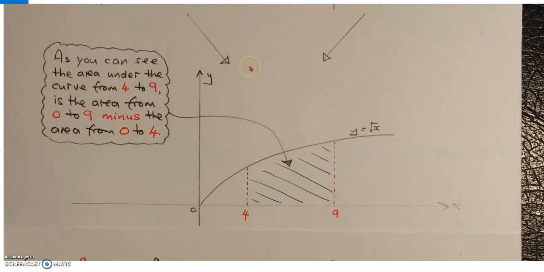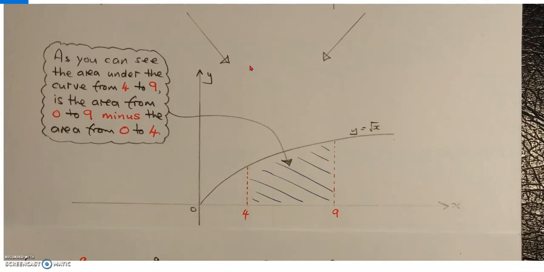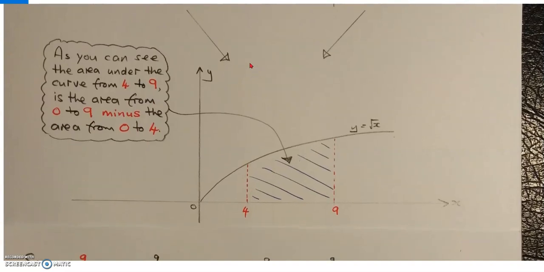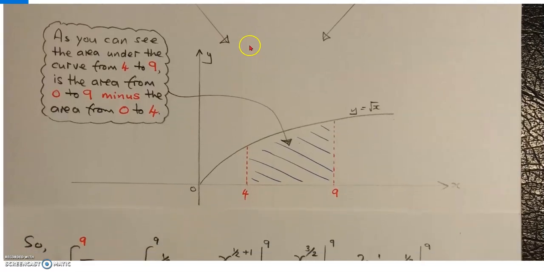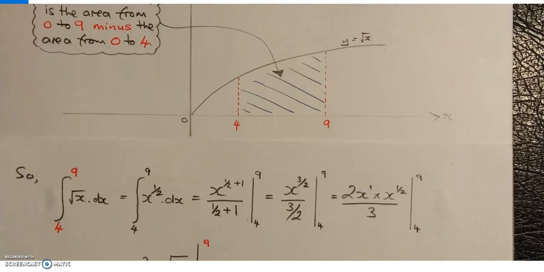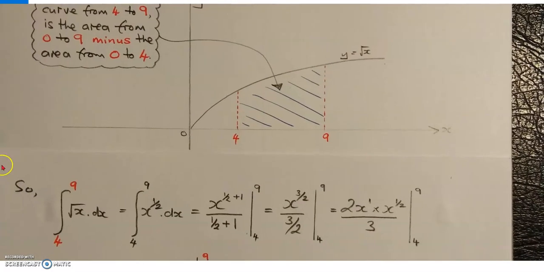All right, now this involves a tiny little bit of algebra before we can get some actual values for this area. So this is the way it goes. You're integrating the square root of x between the limits of 4 and 9.